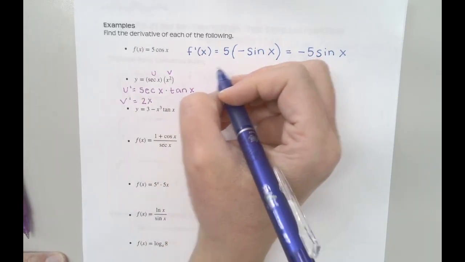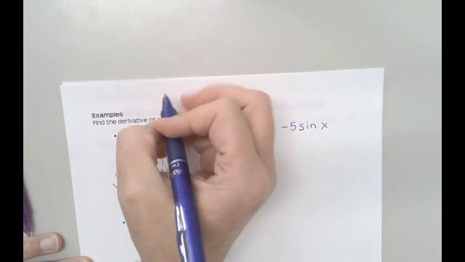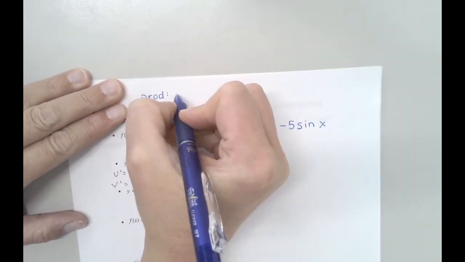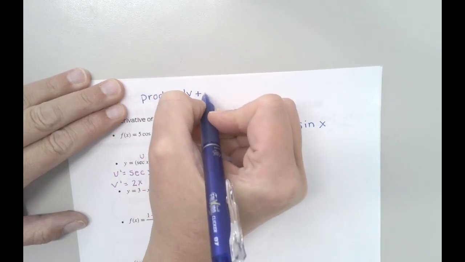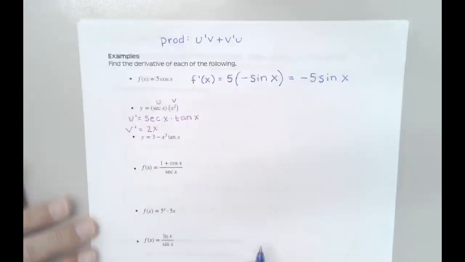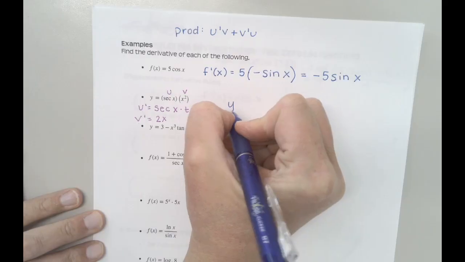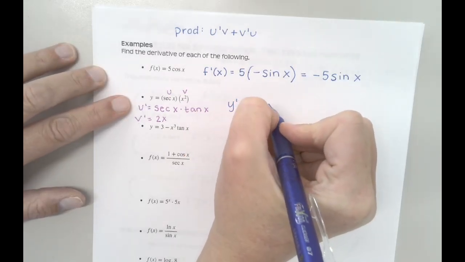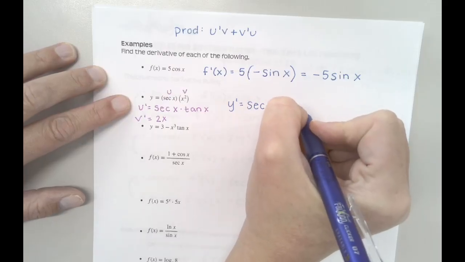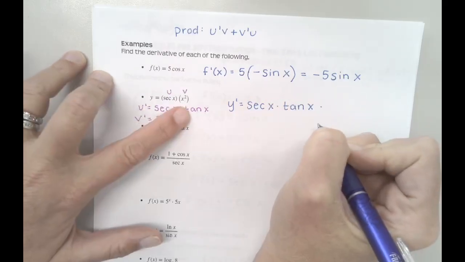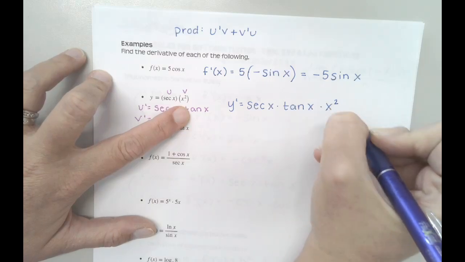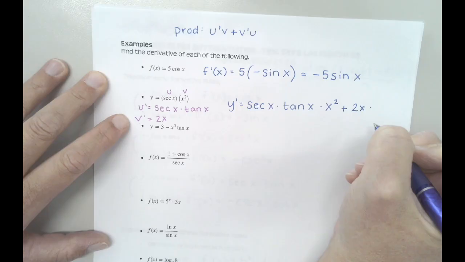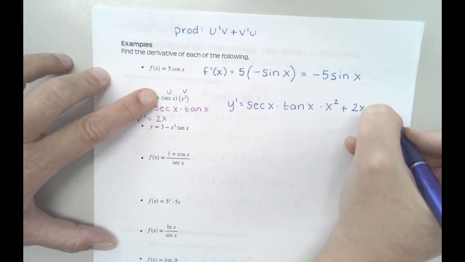Product rule, I'm doing, I guess let me write this up here. Product is u prime v plus v prime u. So I'm going to say for my derivative that I have u prime times v, which is x squared, plus v prime, 2x, times u, which is secant x.